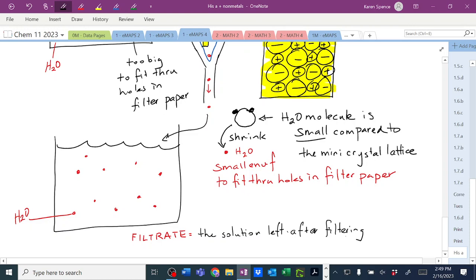Was water the only thing in that beaker? No. How do you know it wasn't the only thing in the beaker? When I blew into it, what happened? It went cloudy, right? Does water turn cloudy when you blow into it? No, it does not. So there had to be something else in there. What else was in there? Any guesses?